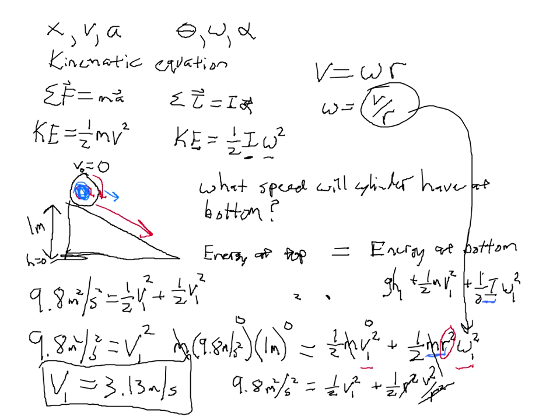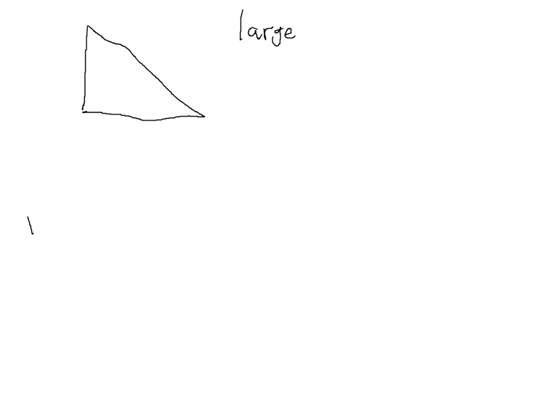So let me give you a couple of those check your understanding questions. Okay. Let's say at the top of the hill we have a large ball and a small ball.